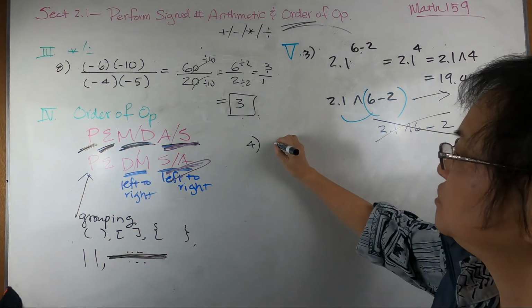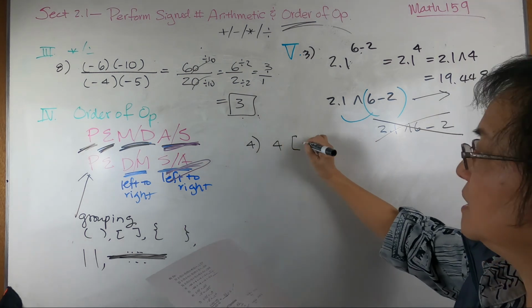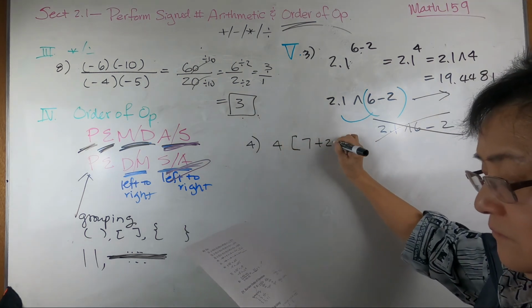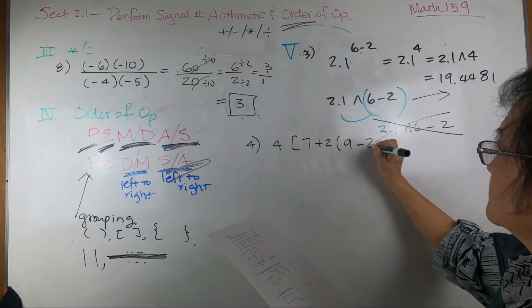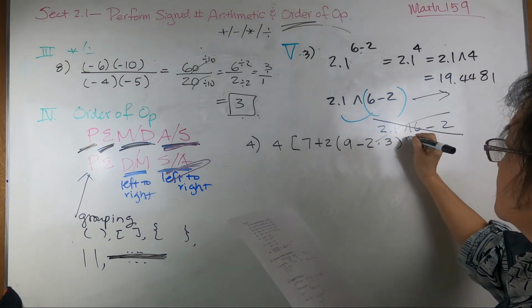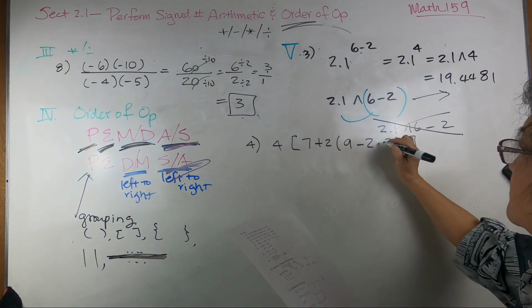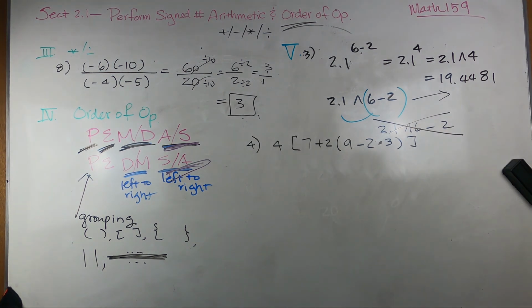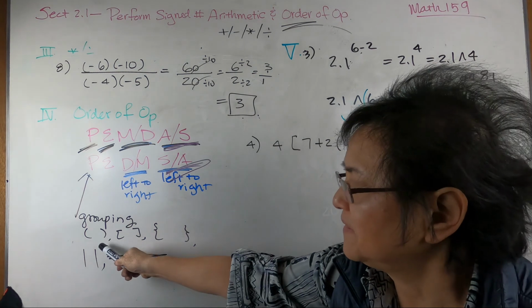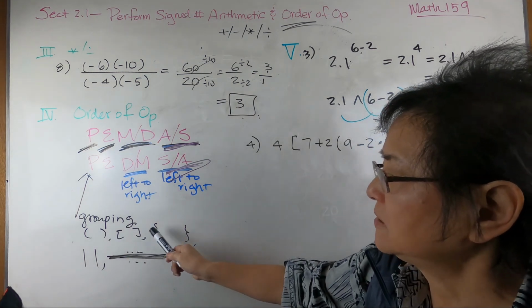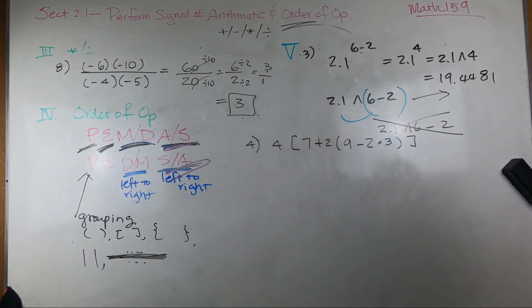And for your test, it's more like this. Okay, so we say grouping can be parentheses, brackets, or curly brackets.